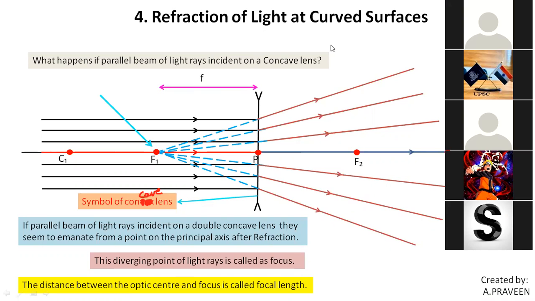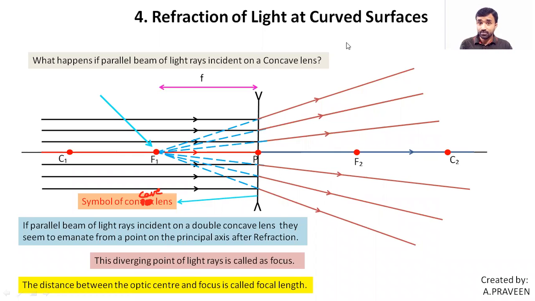Right. So here I got it. Terminology related to concave lens and convex lens. What are the terminologies? Here center of curvatures, radius of curvatures, focal points, right? All these, one and two, are available.